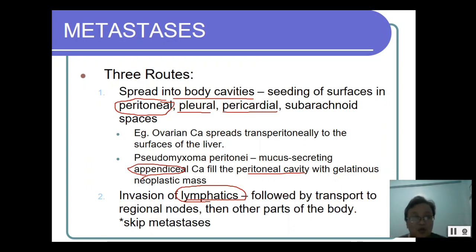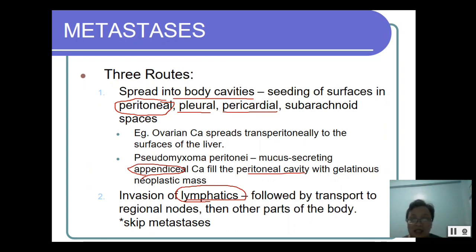Another type of tumor, pseudomyxoma peritonei, is a mucus-secreting appendiceal tumor, nakakalat na, it's like a gelatinous mass on your abdomen. So, yun ang problema. Number one route for your metastasis is spreading into body cavities. So, kung isang cavity lang sila, they can easily seed the tumor to the other organs.